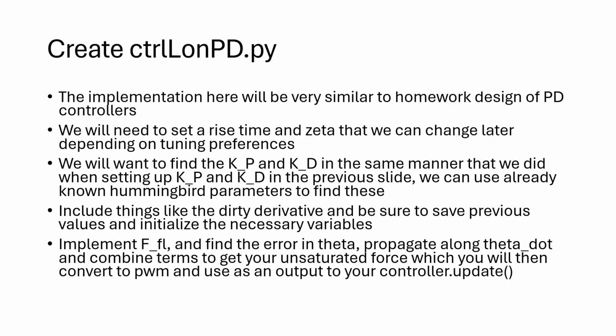If you're working directly from the controller equilibrium file, you want to include things like the dirty derivatives, saved previous values, and what have you. We'll want to implement our feedback linearization force, getting error in theta, propagating along theta dot. I could go on more about that, but I'll give a brief hint on the matter here.